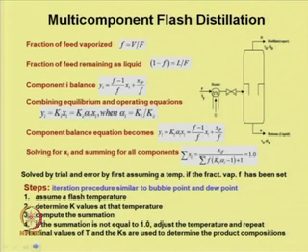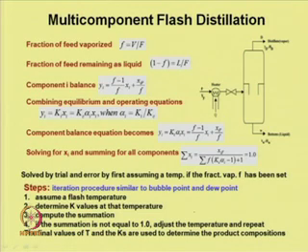Now, we will discuss the multi-component flash distillation. This is a typical flash distillation column we have discussed before. We have a heater, and the feed is heated and flashed inside a distillation column, and then we have a distilled vapor and the bottom liquid.